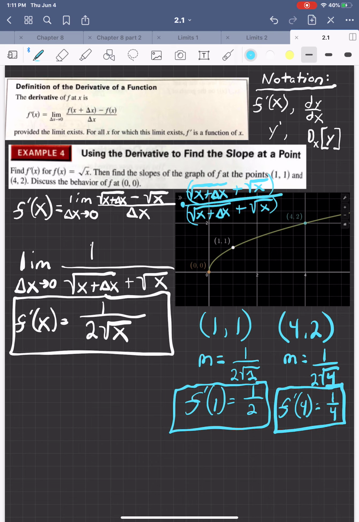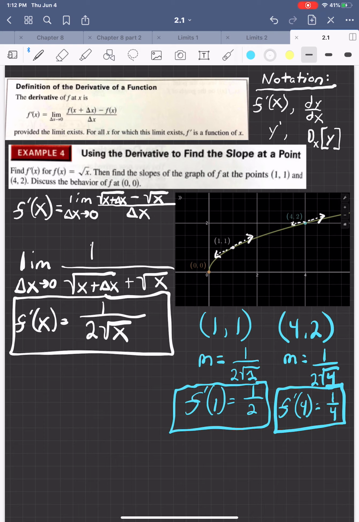We have answered the second part of the problem. I'm going to go ahead and erase this conjugate so you can see what we just did. Let's take a look at the 2 points of interest. We have the point here. Sorry, that's not a very good tangent line. Let me see if I can try it again. And then we have another tangent line here.